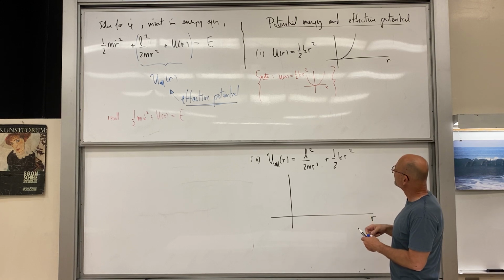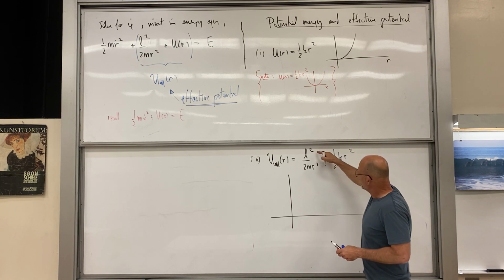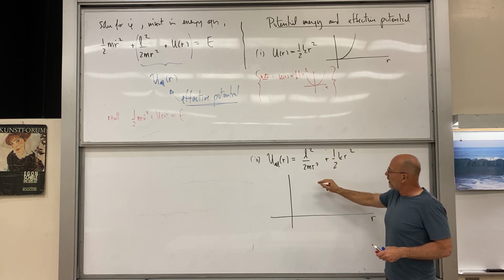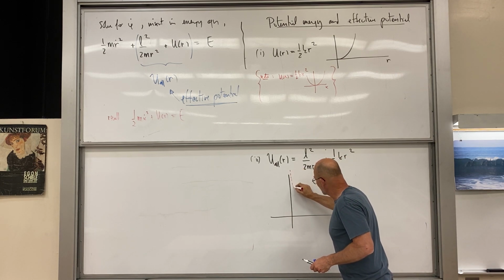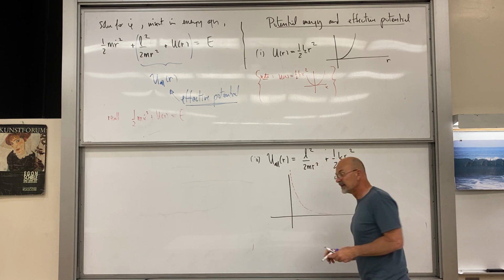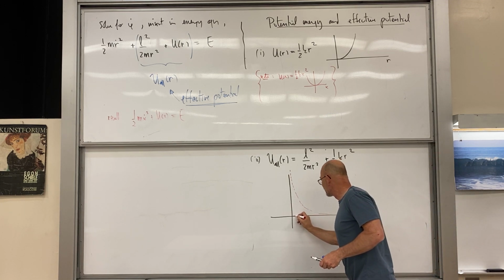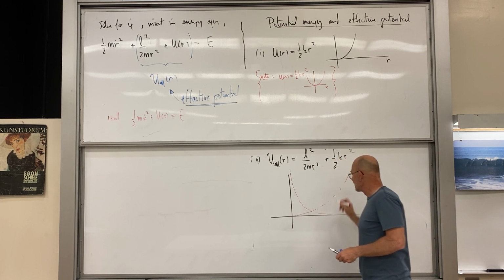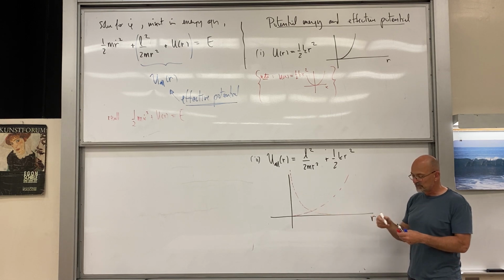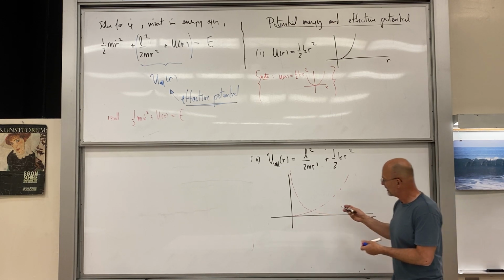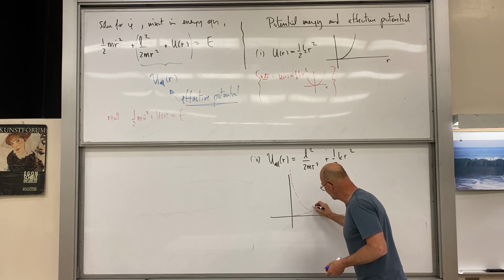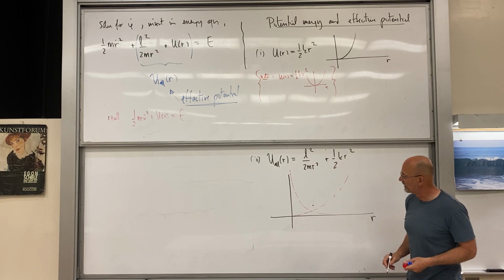I'll just outline a bit what these two individual functions are. This is the 1/R squared. We know it diverges here. It comes down like this. And the 1/2 KR squared comes up like that. So if you add those two functions, we have these 2 points, we're right there.